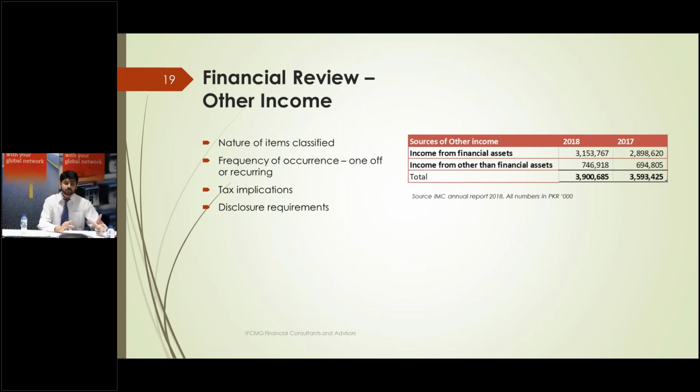When the company disposed of them, however, the gain on disposal was in millions of rupees, and that doubled its bottom line. When the owners were analyzing their numbers, and we were discussing in a meeting, they were saying, oh, look at this, our numbers have doubled from last year.